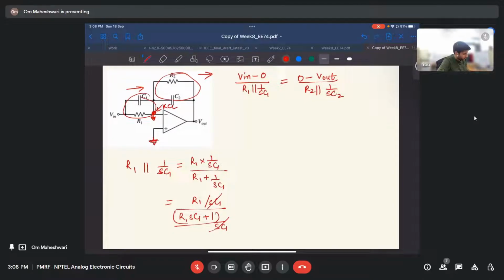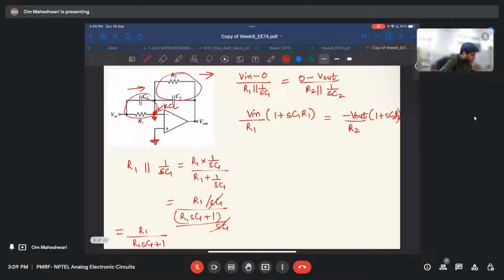This and this cancel, so we get R1 by (R1 SC1 plus 1). So we will put that here: V in by R1 times (1 plus SC1 R1) equals minus V out by R2 times (1 plus SC2 R2), similarly.